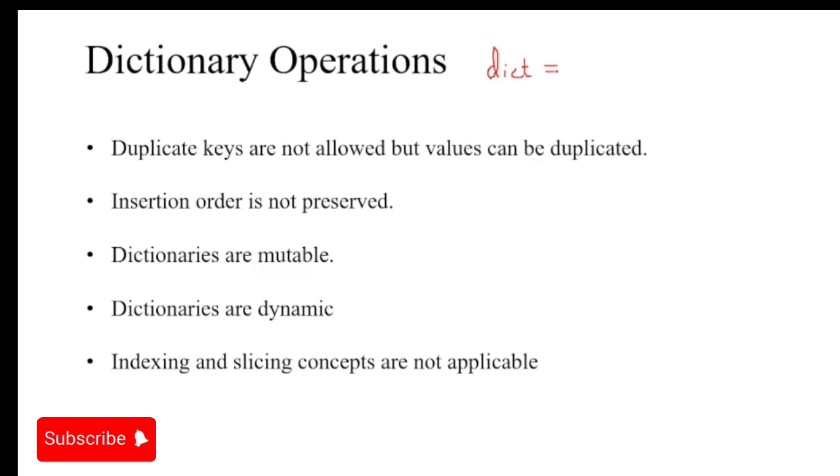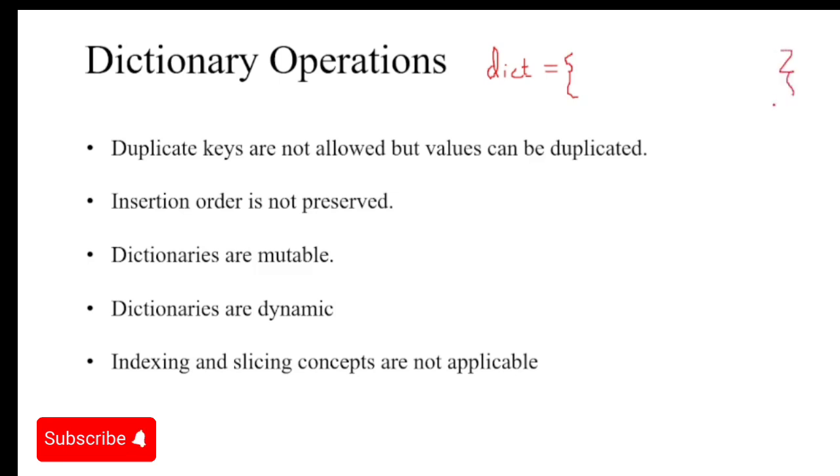Let's understand how we create the dictionaries. I have my variable dict, and this dict is going to store my dictionary. In a dictionary, we have two things: first we have keys, and then we have the values. To create a dictionary, we use curly braces.